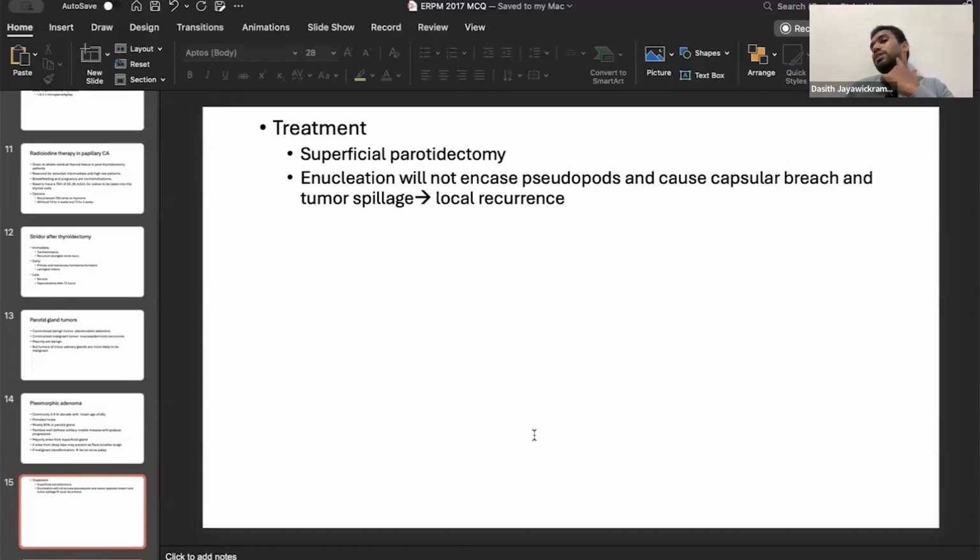Only the marginal mandibular nerve is involved. So if you damage the marginal mandibular nerve, the affected part will be like this. There will be drooping of the angle of the mouth like this. So that is false.